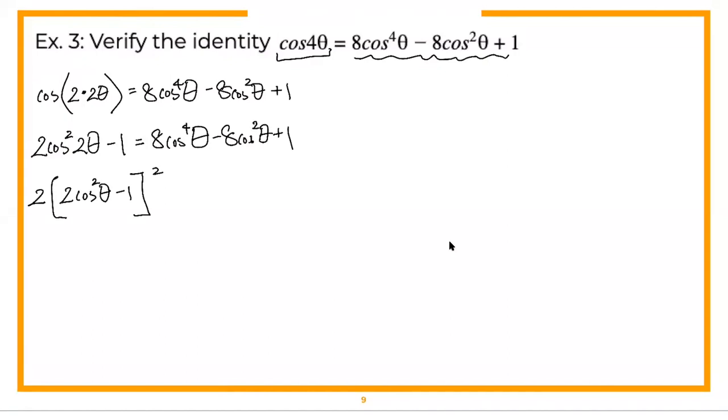So cosine 2 theta became this part, and then I square it after.